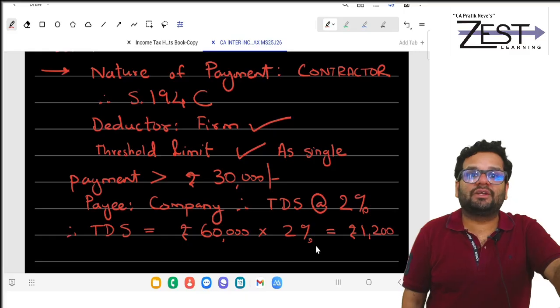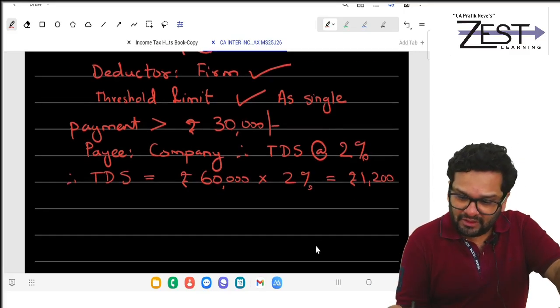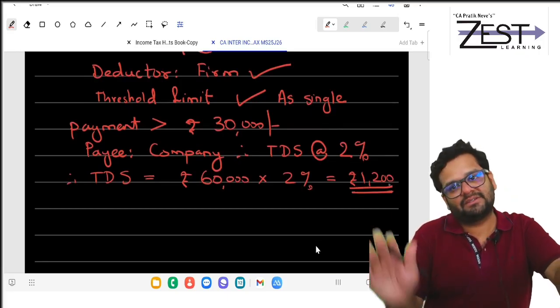Because this TDS of 1,200 will be done at the time of credit or at the time of payment, whichever is earlier.